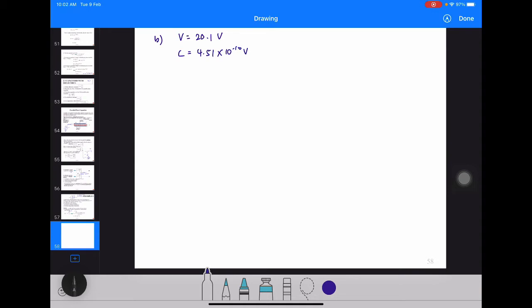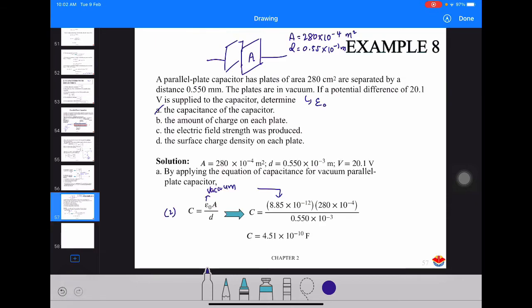So if you want to find the Q, you can use C equals Q over V, where Q is equal to CV, 4.51 times 10 negative 10 multiplied with 20.1. We should get the answer.